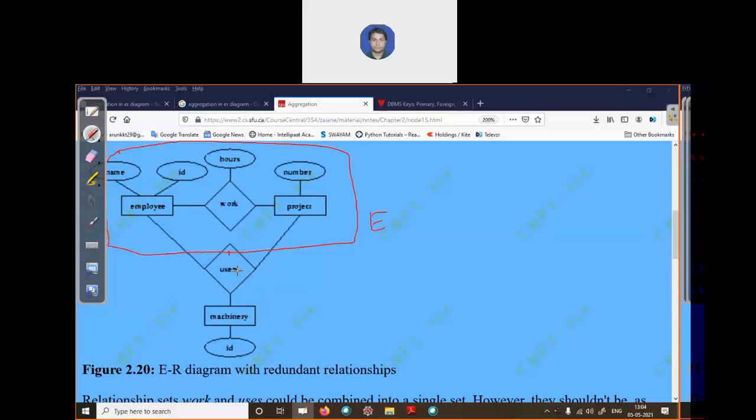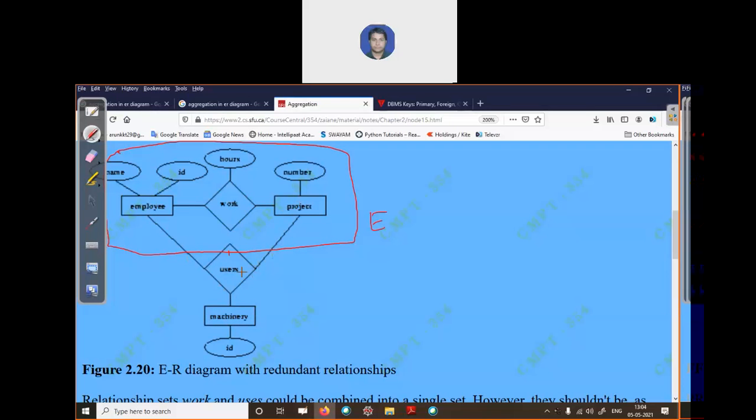Again, let's clarify more. Suppose this is an employee, maybe a programmer, and this is one project. This programmer uses different skills, works on different programming languages, and this project works on n number of programming languages. So which employee is using which programming language for which project, and which kind of machineries it uses, you can consider as a tool, which tool is used.